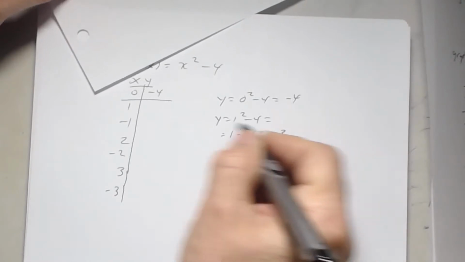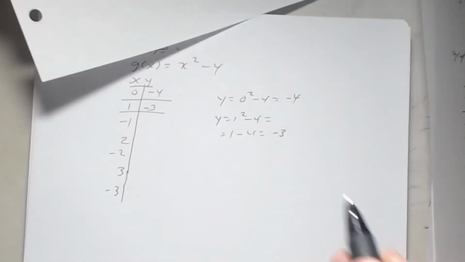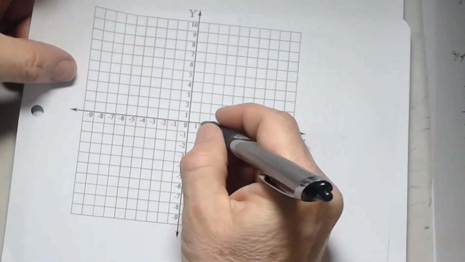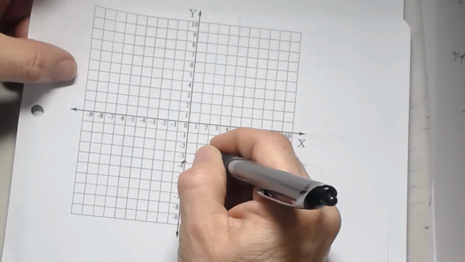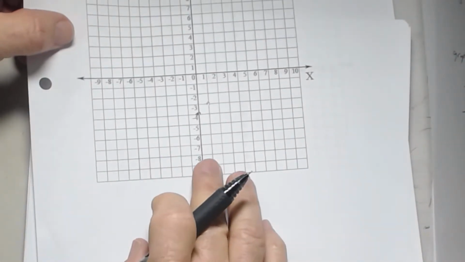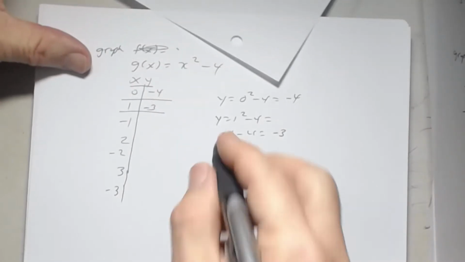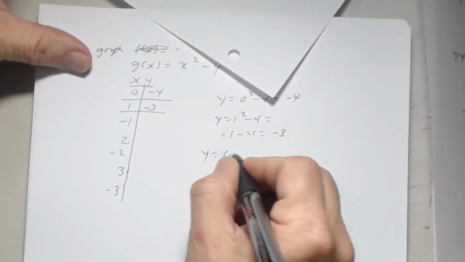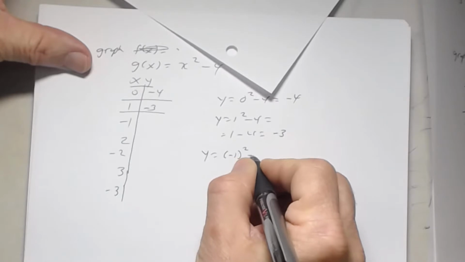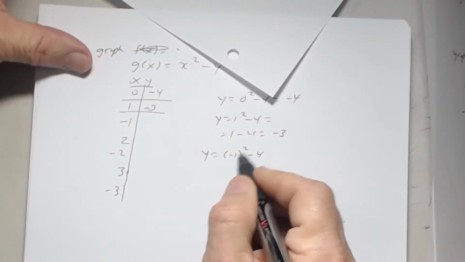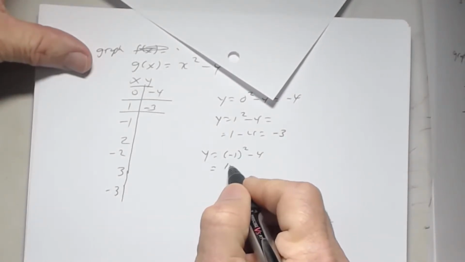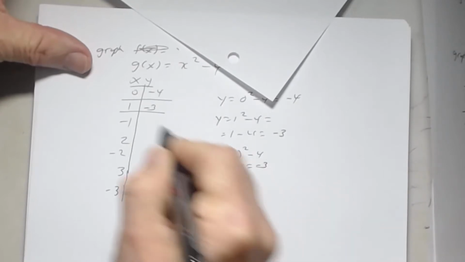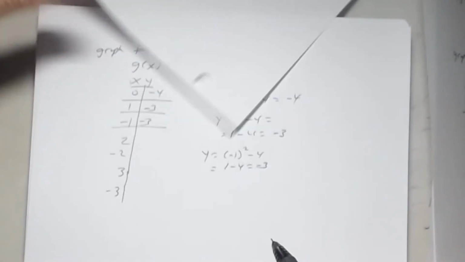Negative 3, right? So I plot the point 1, negative 3. So 1, negative 3 is right here. If x is negative 1, I get y equals, in parentheses, negative 1 squared, and then minus 4. What's negative 1 squared? 1 minus 4 is negative 3. So I plot the point negative 1, negative 3.